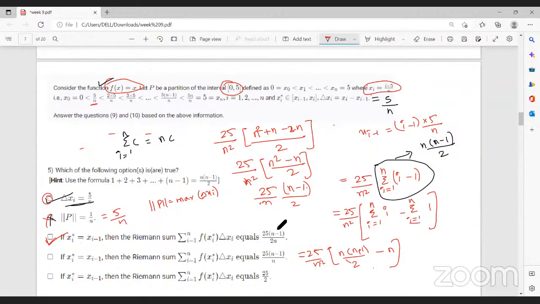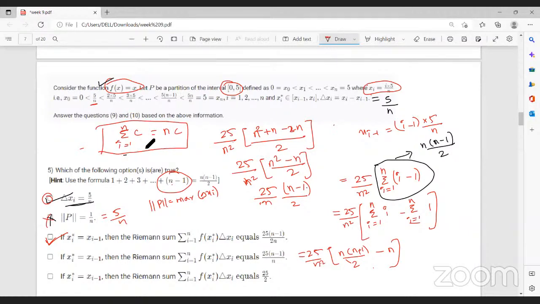So everyone got it, why I have done this, and why we are given this hint? We are adding this n term till n minus 1, adding n into n minus 1 by 2 here. If you know this summation, you can remember it and use it in the exam if the hint is not given, that is summation of i, any constant, will be nc.